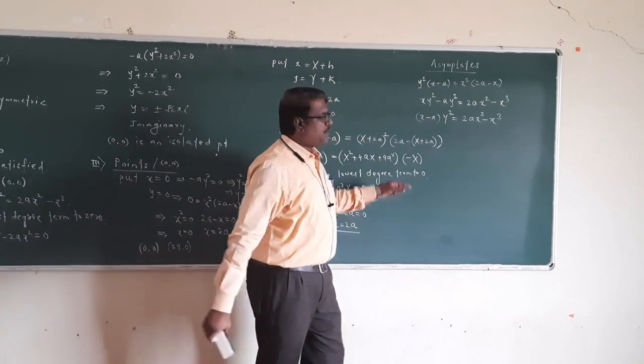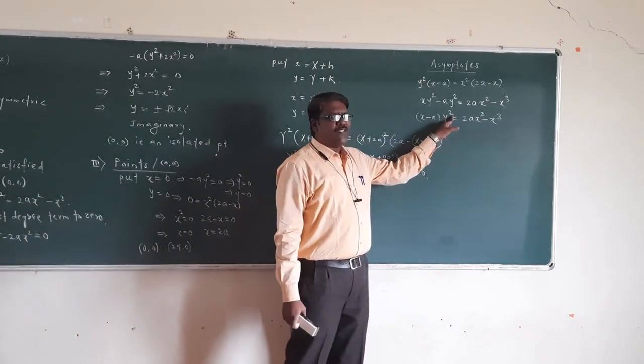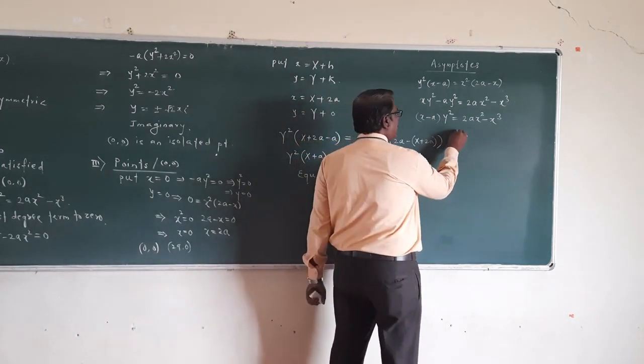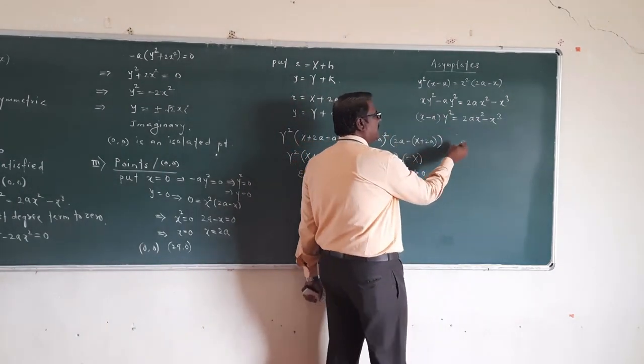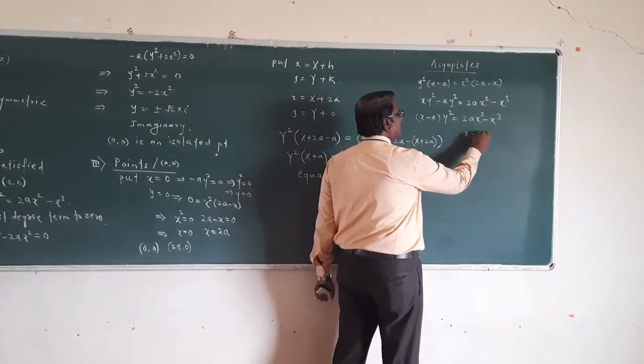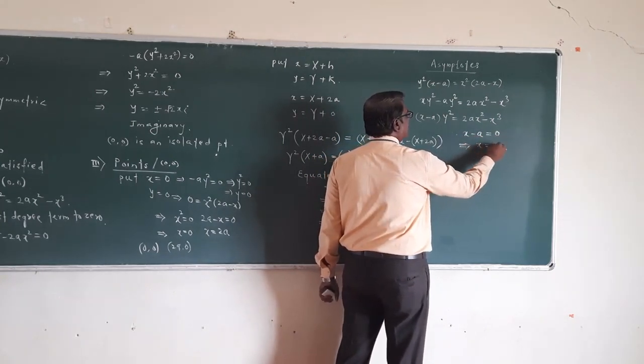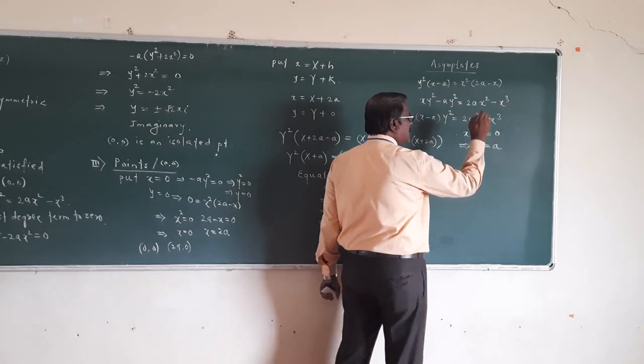So here the highest power of y is y square and its coefficient is x minus a, and therefore the asymptote parallel to y-axis is x minus a is equal to 0. Is it understood?